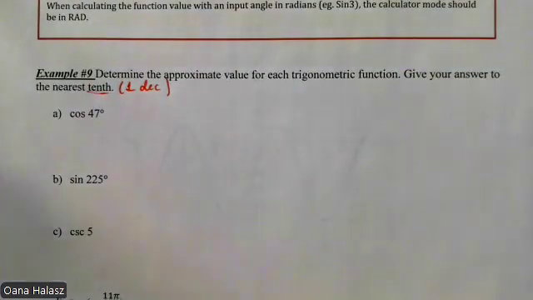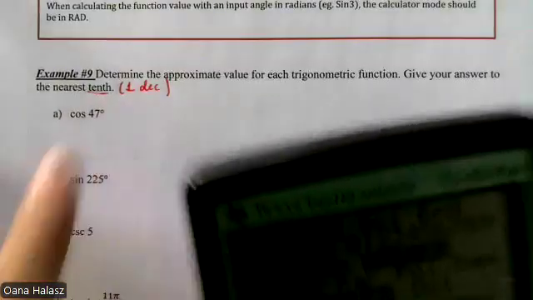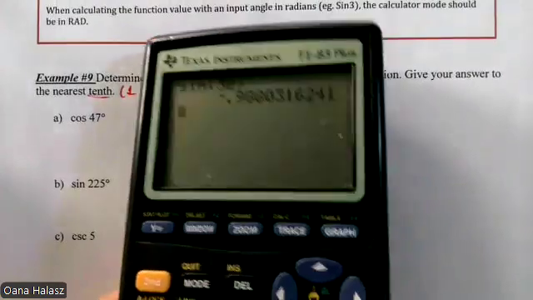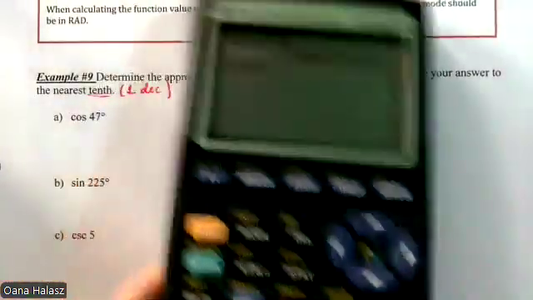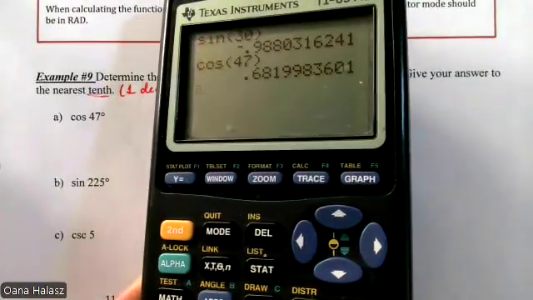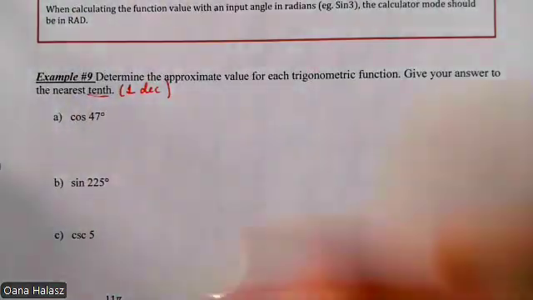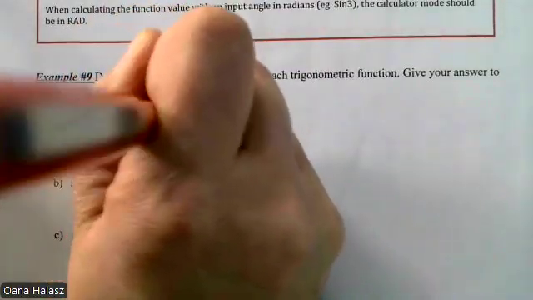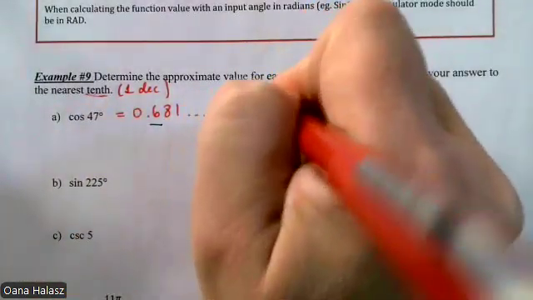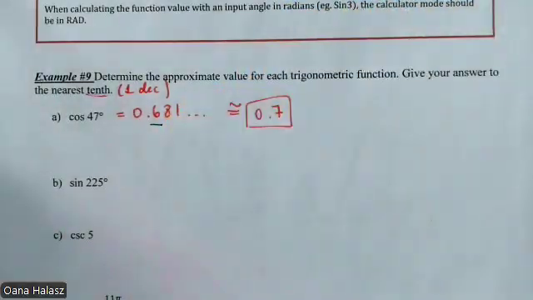Cosine of 47 degrees. You want to make sure your calculator is in degrees. I've just changed mine to degrees. So I do cos, find your cos button, then enter 47, 0.681. So approximately, to the nearest tenth, 0.7.